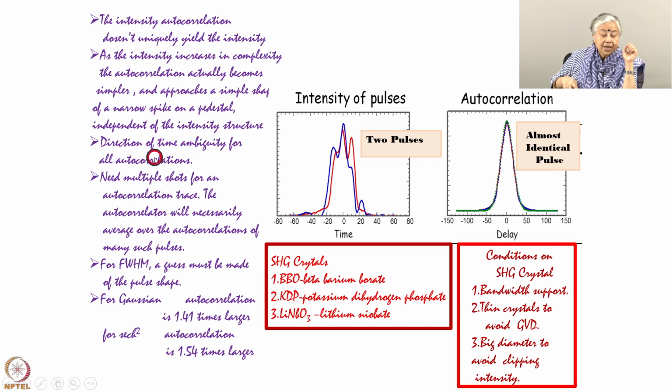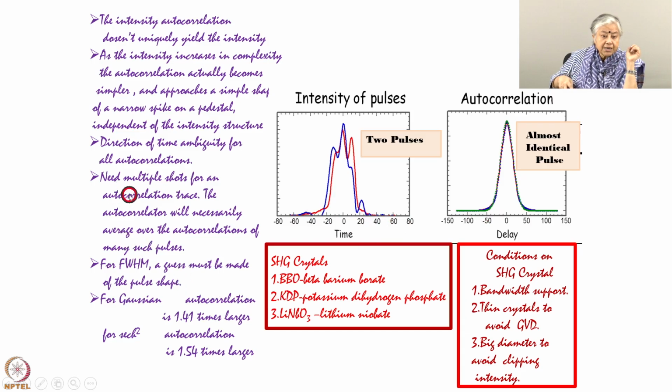It remains simple. Now, there is the direction of time ambiguity for all autocorrelations. On this direction of time the pulse is not symmetrical, but you are getting an output symmetrical pulse.